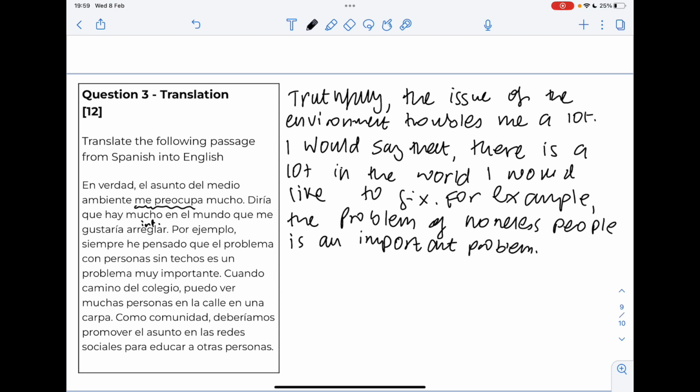Then this part here, cuando camino del colegio, when I walk to school. Because again, camino conjugated into the form of yo, I. When I walk to school, puedo ver, I can see. Muchas personas en la calle. So la calle is the street, so I can see many people on the street.